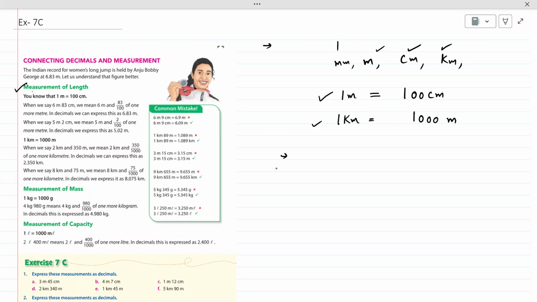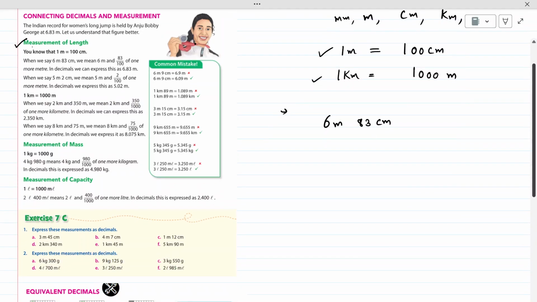Now, I am here taking one number, like 6 meters 83 centimeters. And what we are intended to do here is convert this complete number into one unit, that is, meters. We have to convert the 6 meters 83 centimeters into meters only.